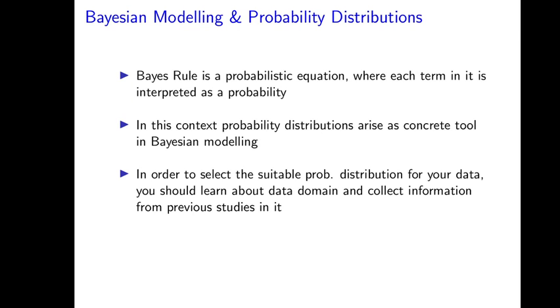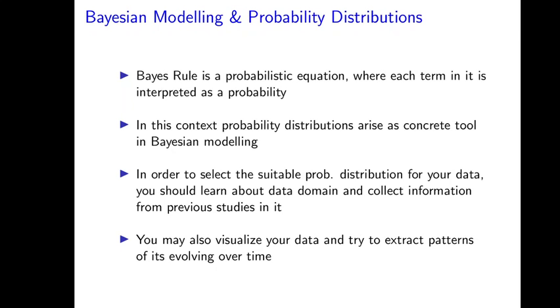In order to select the suitable probability distribution that best describes your data, you may first learn about your data domain, read a lot of previous scientific papers or case studies that describe data similar to yours, and try to understand how previous researchers handled this data domain.